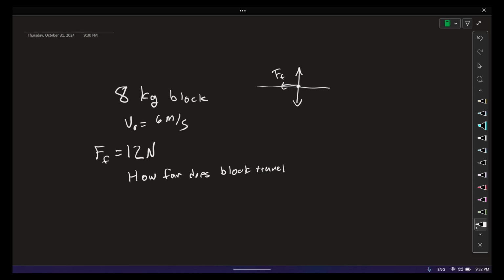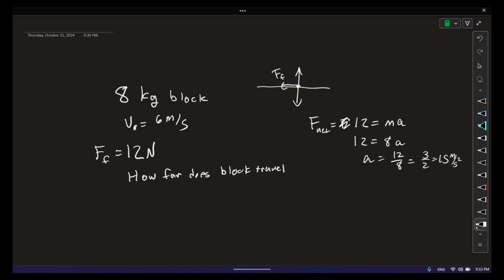And so that is our net force. So our net force is 12. And that will equal our mass times our acceleration, or 12 equals 8a, or a equals 12 over 8, which is 3 over 2, or 1.5 meters per second squared, and that's in the opposite direction that it's moving.